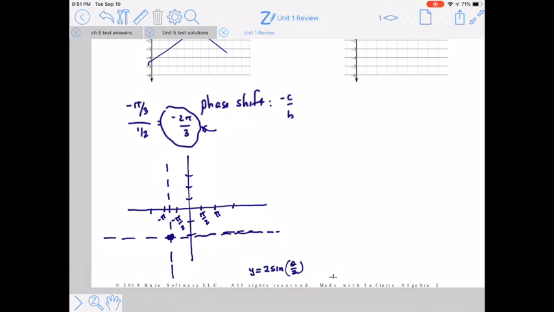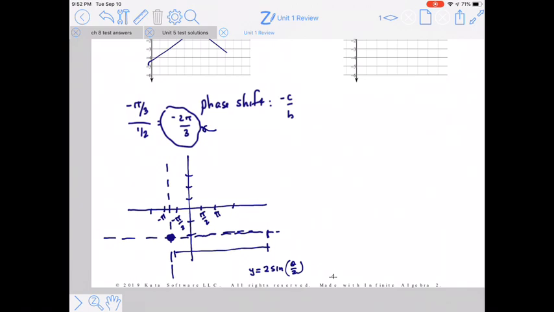So the period there would still be 4 pi. So if I start here at the origin and come out a distance, the full distance from there to there needs to be 4 pi.